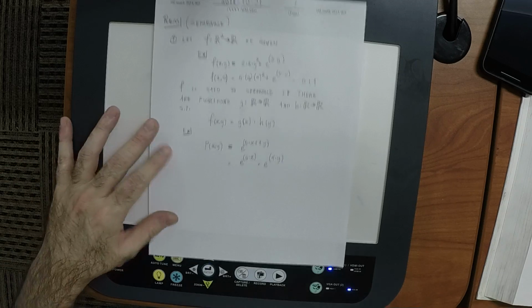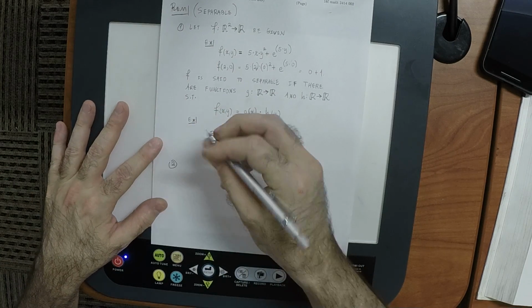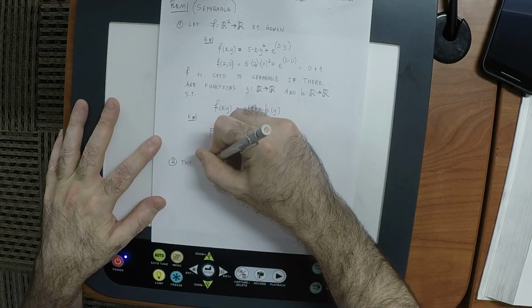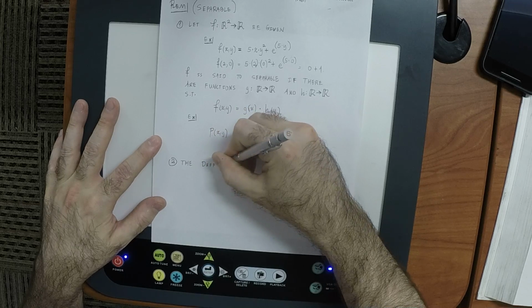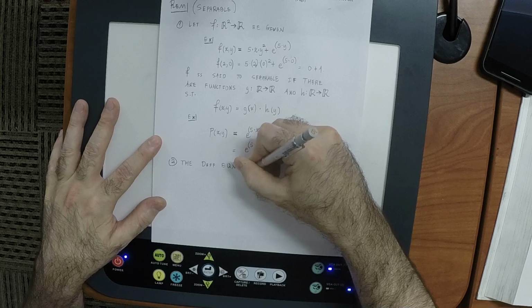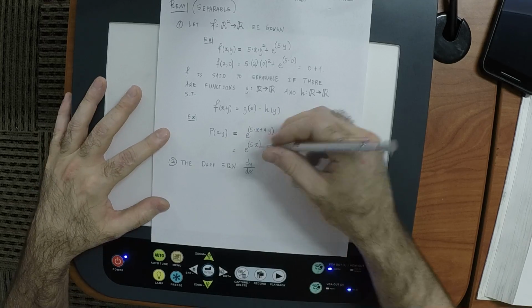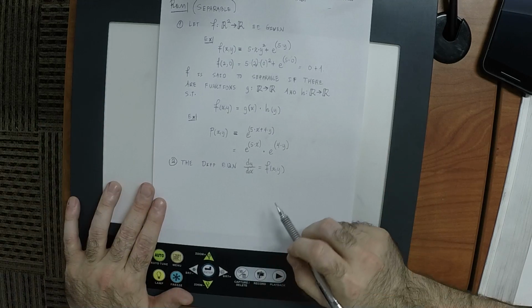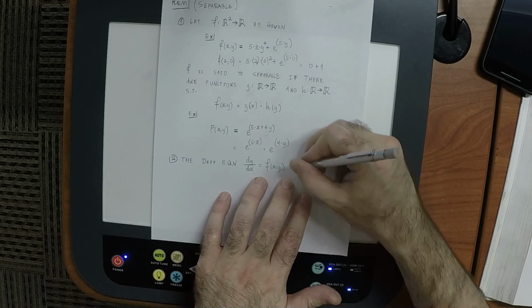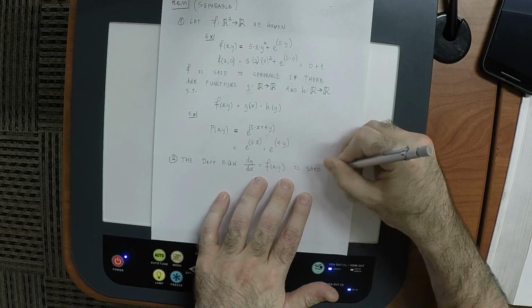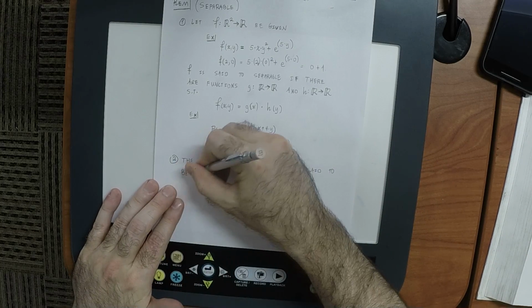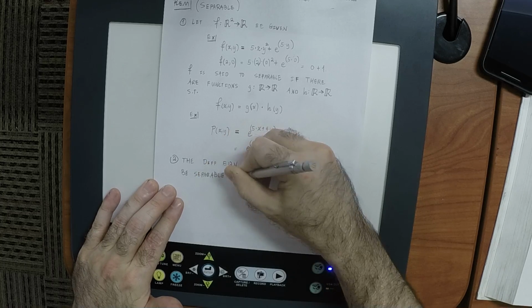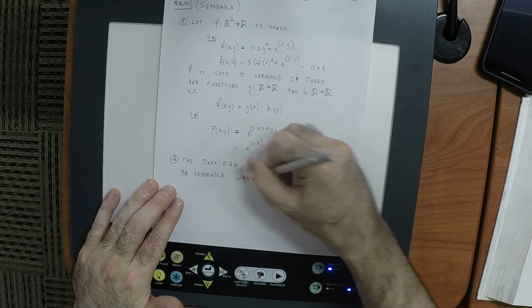So the differential equation dy/dx equal to f of x and y is said to be separable when f is separable.